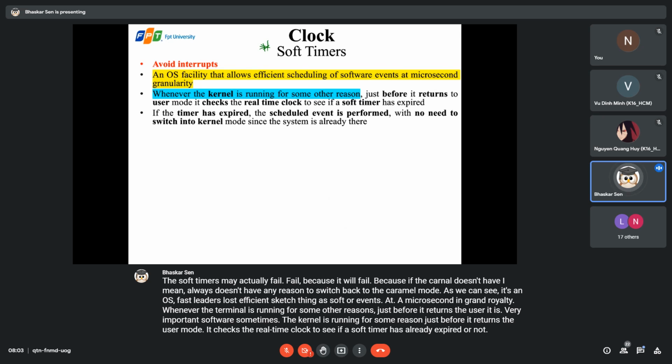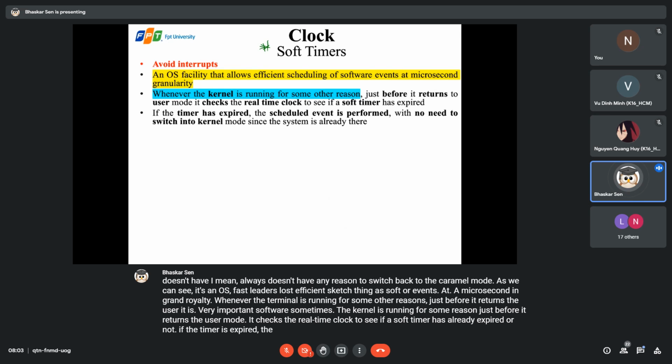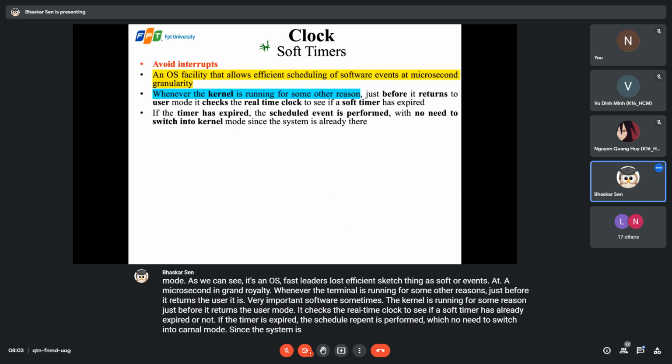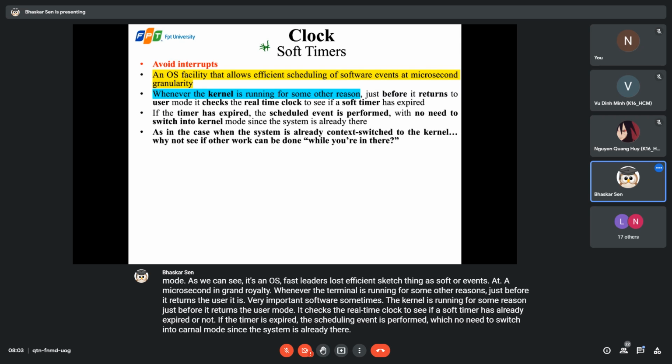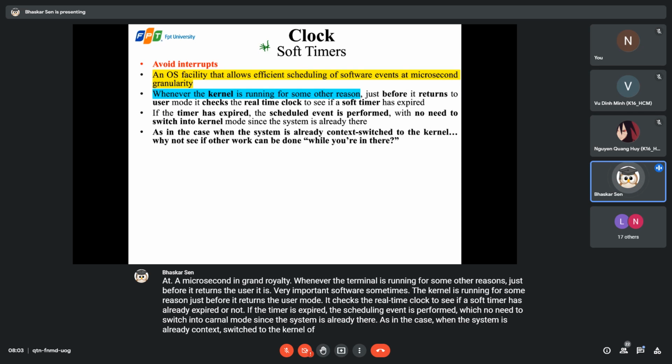If the timer has expired, the scheduled event is performed, with no need to switch into kernel mode since the system is already there. As in the case when the system is already context switched to the kernel, why not see if other work can be done while you are in there?